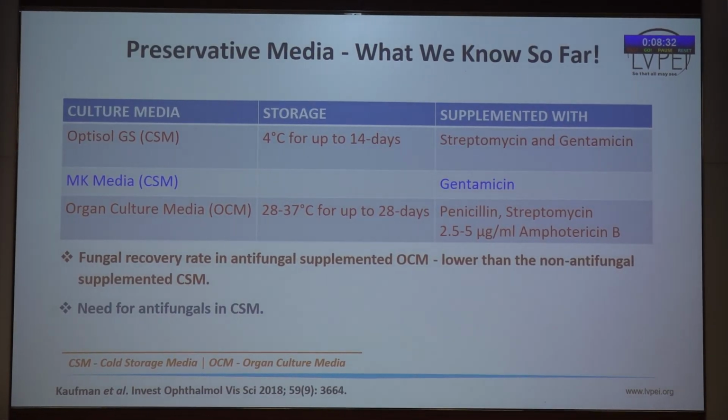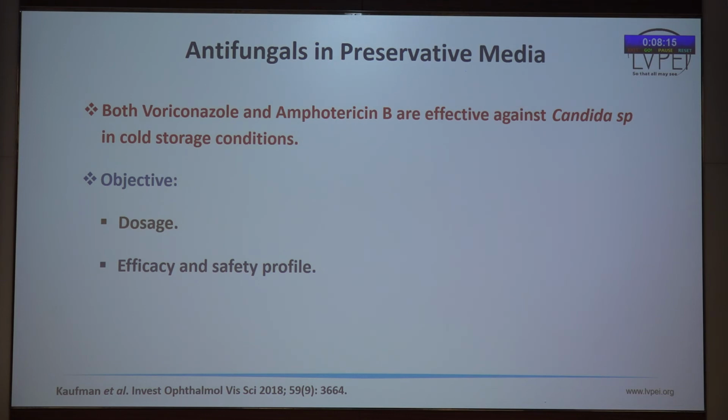So coming to Optisol GS, there is streptomycin and gentamicin. MK media has only gentamicin. In organ culture, there is amphotericin B. So the fungal recovery rate in antifungal supplemented organ culture media is lower than in non-antifungal supplemented media. Both voriconazole and amphotericin B have been tried, but nothing has been added, it all stays in publications.